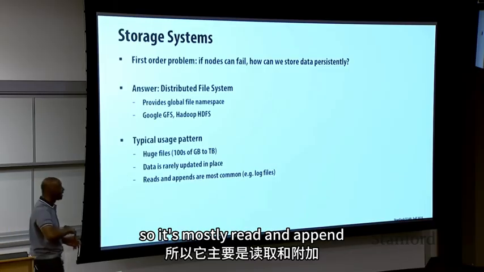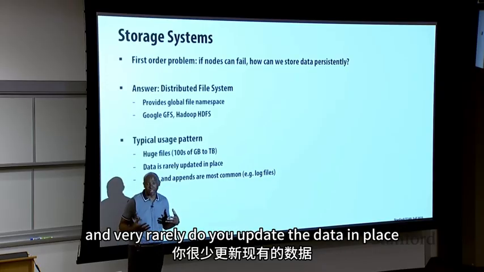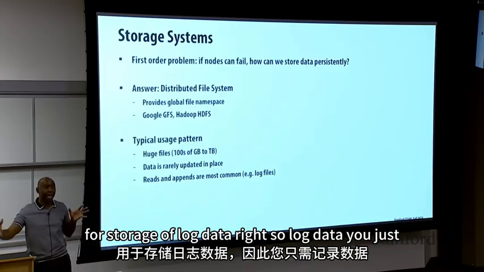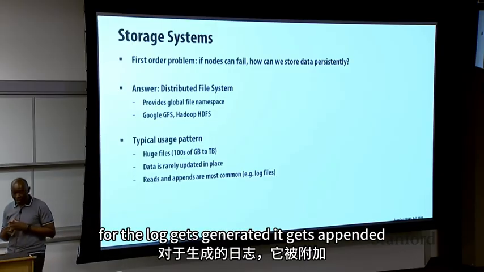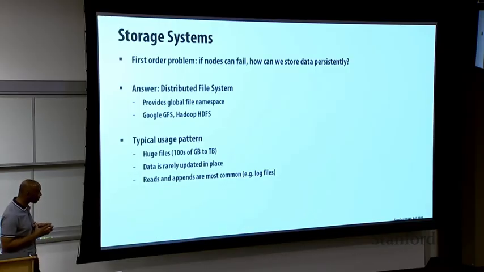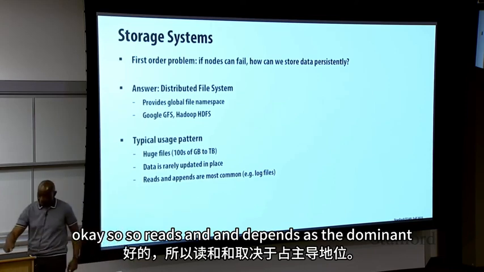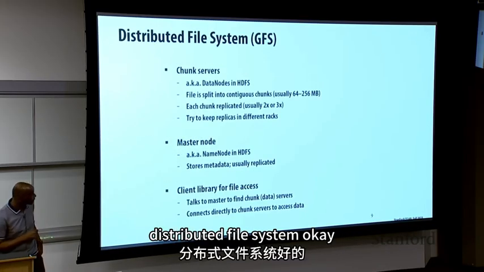So it's mostly read and append, and very rarely do you update the data in place, because a big use of this is for storage of log data, right? So log data, as the new entry for the log gets generated, it gets appended to the log file, right? Okay, so reads and appends as the dominant access mode for this distributed file system.